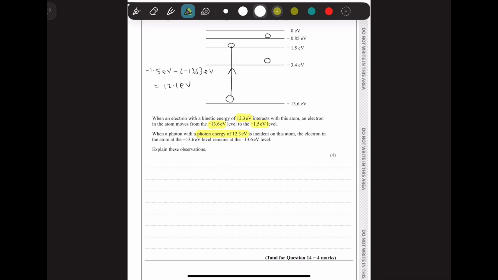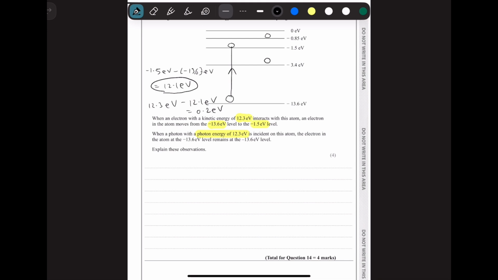The energy can be higher. What is the additional amount of energy? The electron in the atom needs 12.1 electron volt, but the incoming electron has an energy of 12.3 electron volt. There is an additional amount of energy of 0.2 electron volt.